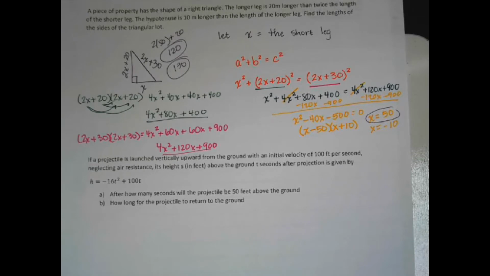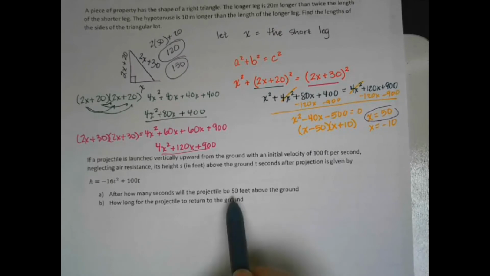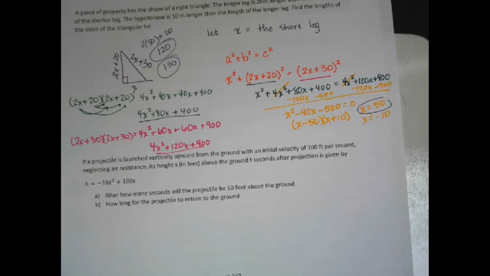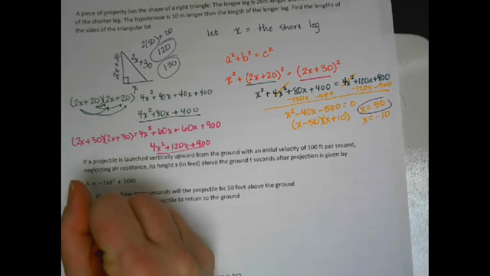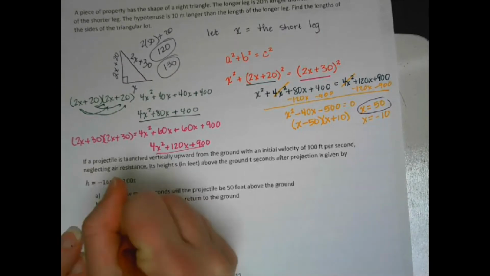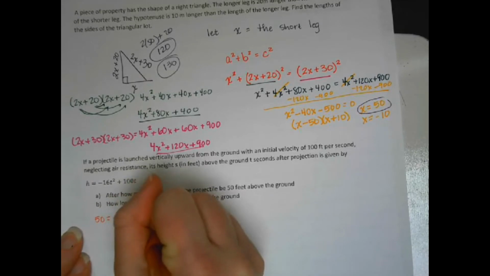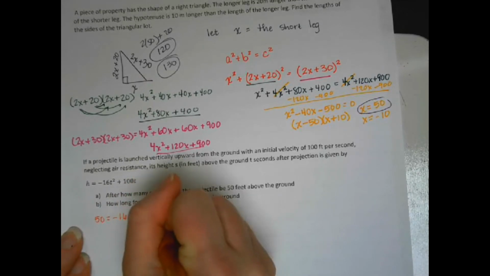All right, so for A, we just want to see how long it's going to take for the height to be 50. So I'm just going to take this formula and plug 50 in for my height. So that's going to be 50 equals negative 16t squared plus 100t.